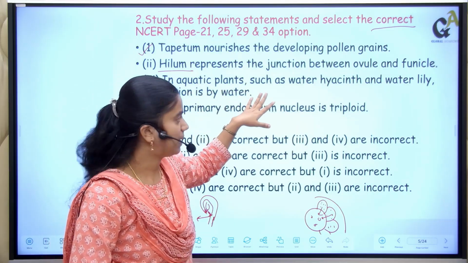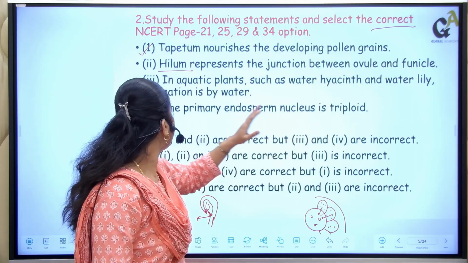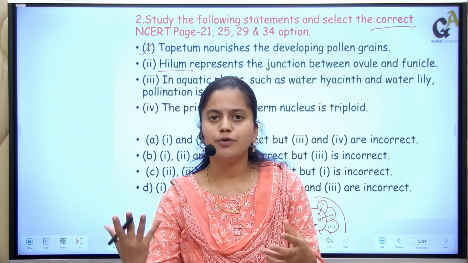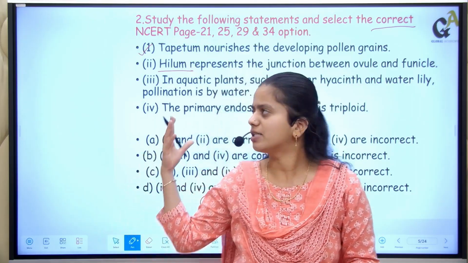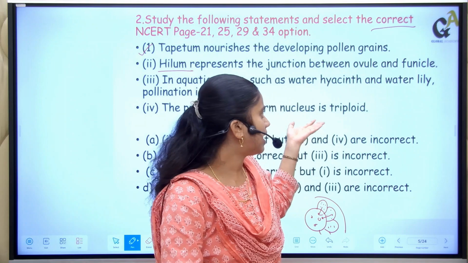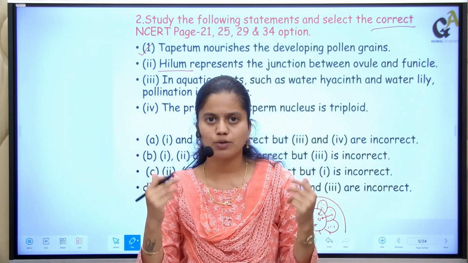In aquatic plants such as water hyacinth and water lily, pollination is by water. Even though, when you read that statement, it looks correct, because they have asked about aquatic plants, and the plants are water hyacinth and water lily. So obviously when you glance at it, it will look correct.